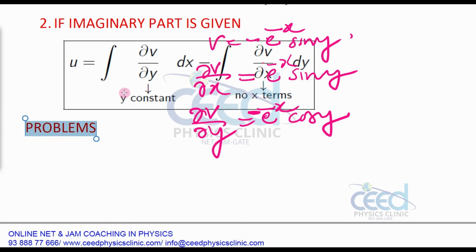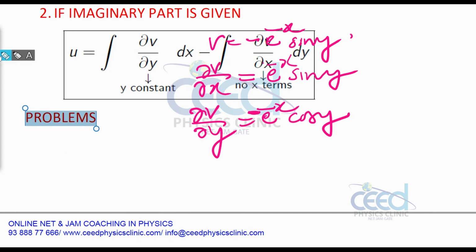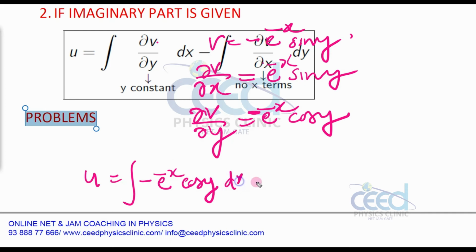So if I substitute here, u is equal to integral, what is dou v by dou y? Dou v by dou y is equal to minus e raised to minus x cos y dx, then here we have minus integral dou v by dou x, that is e raised to minus x sin y, into dy.